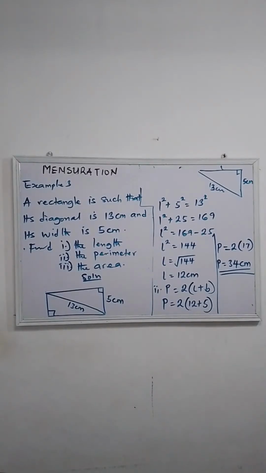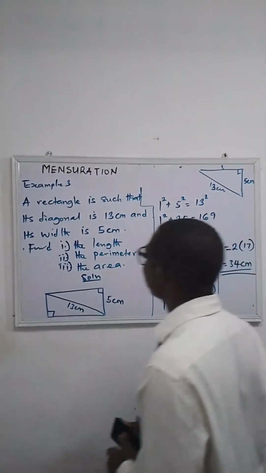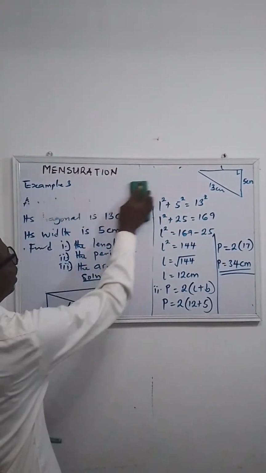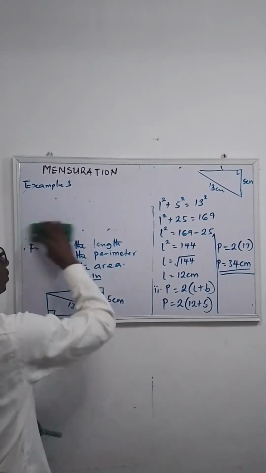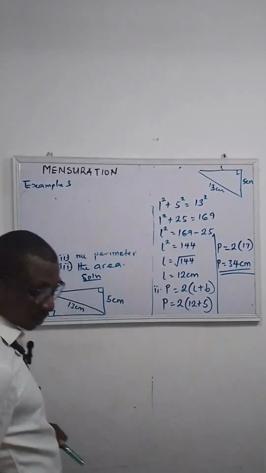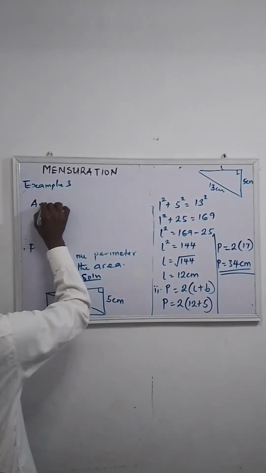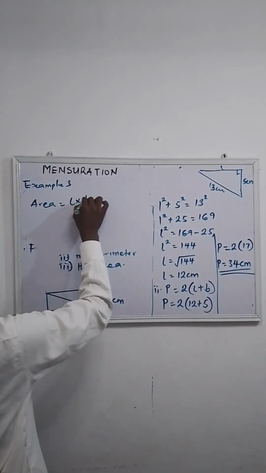So the area is length times breadth. Area of the rectangle is length times breadth. So we have area equals length times breadth.